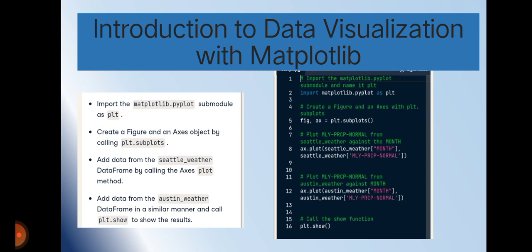Yes, we did it earlier. Then we create a figure and an axis object by calling plt.subplots. Then we add data from the Seattle weather data frame by calling the axis plot method, using the monthly normal precipitation. And then we add data from the Austin weather, and at last we show all the plots.